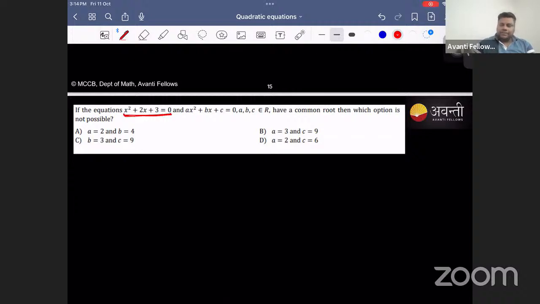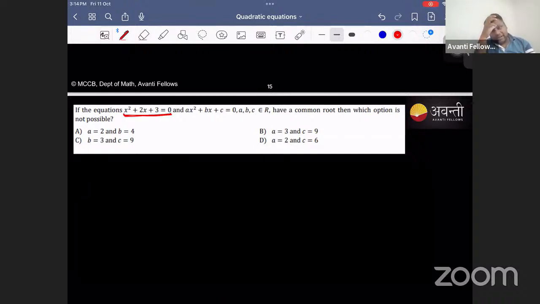Okay, give it a try. Try it once. I will start a poll. Try it once and give me the correct answer, whatever you feel like. These two equations have a common root.